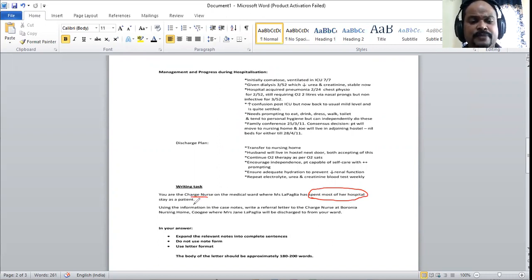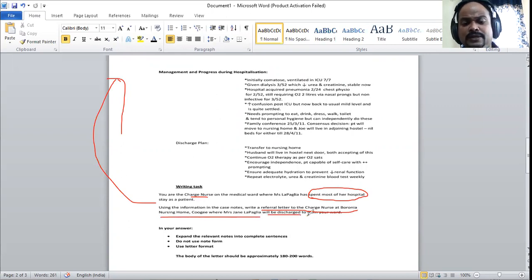Now, using the information in the case notes, write a referral letter to the charge nurse at Boronia Nursing Home, Kogi. So she will be discharged from your ward. You have been taking care of Mrs. Lapaglia for some months, maybe some weeks.